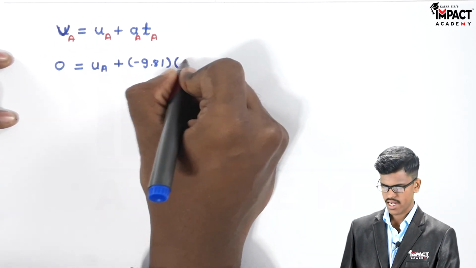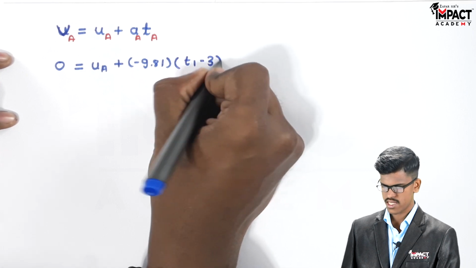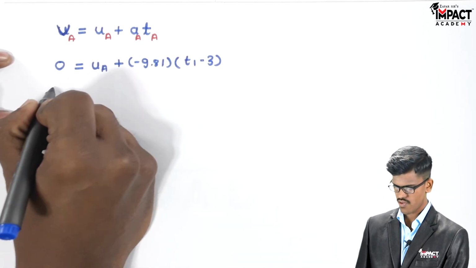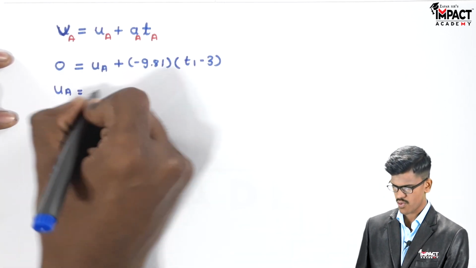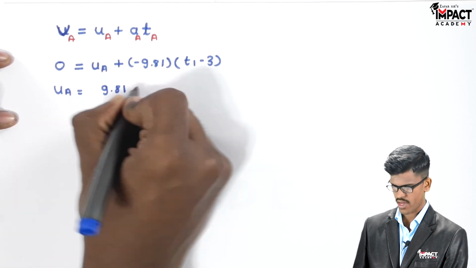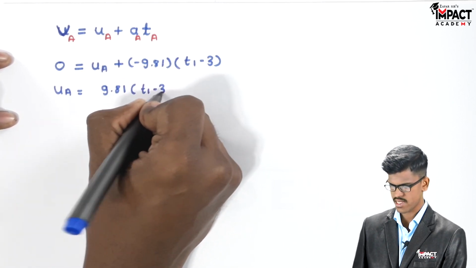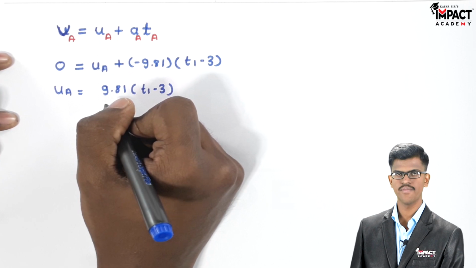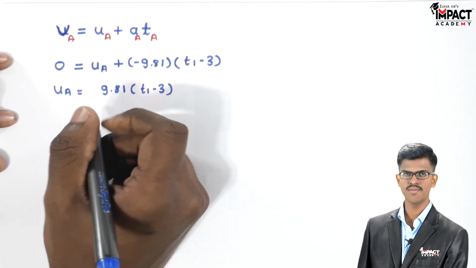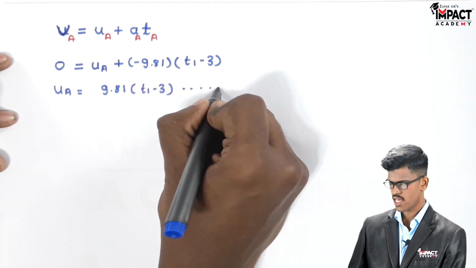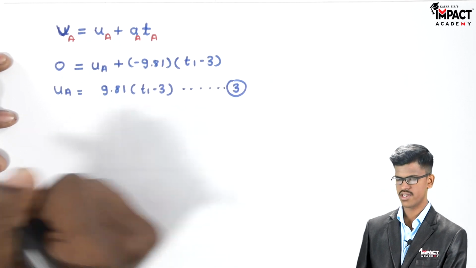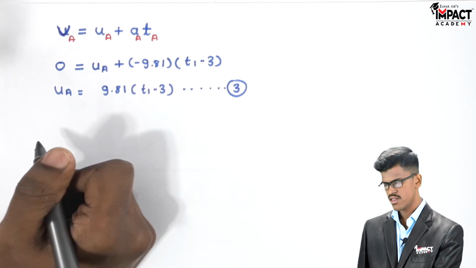And the time for A is t1 minus 3. So we get UA is equal to 9.81 into t1 minus 3. So we get the third equation, number 3.